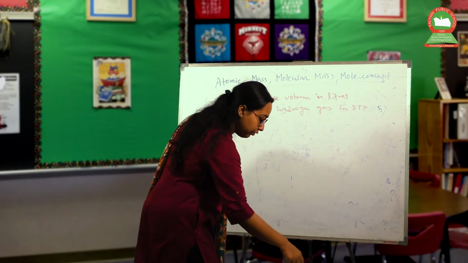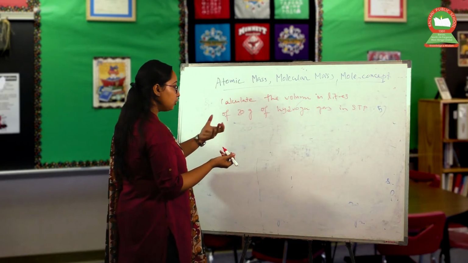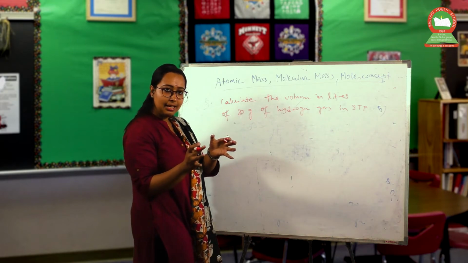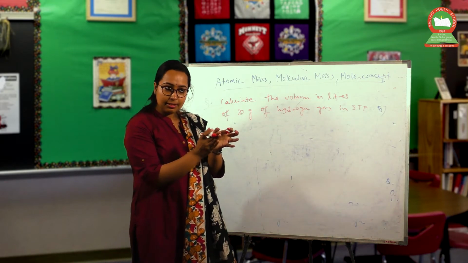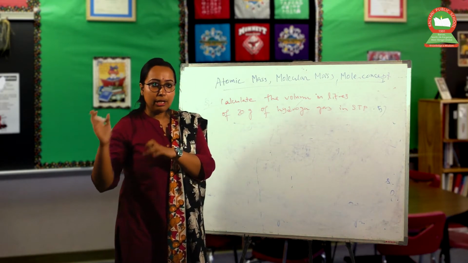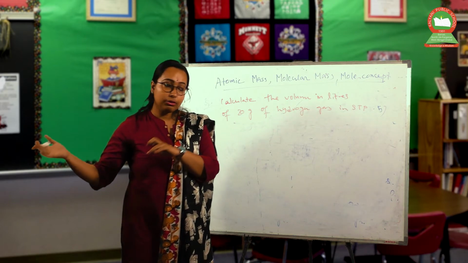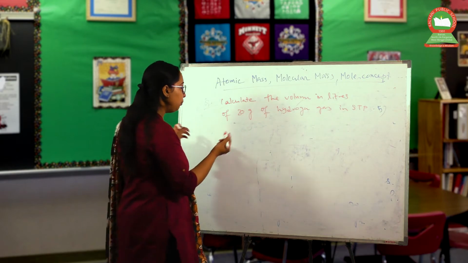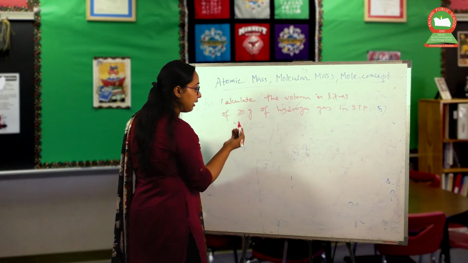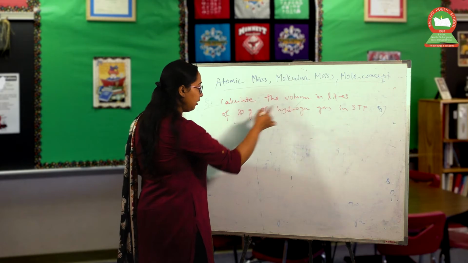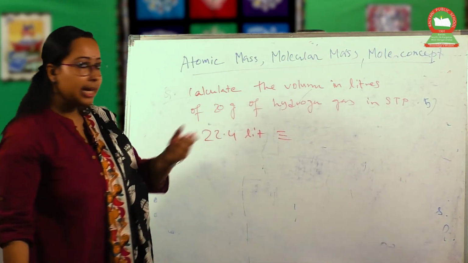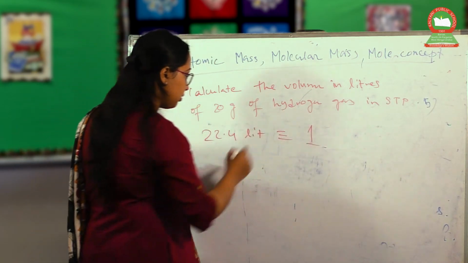So first of all, keep that equation in your mind. Hydrogen has an atomic mass, so we need the atomic mass. The atomic mass will be equal to the number of moles, equal to the number of atoms, and equal to the volume. Here we can take two parts. My first equation: 22.4 liter is equal to 1 mole of hydrogen.